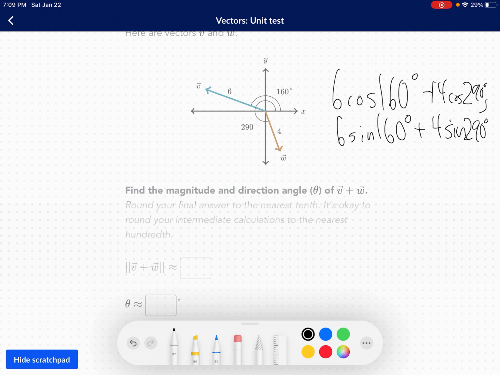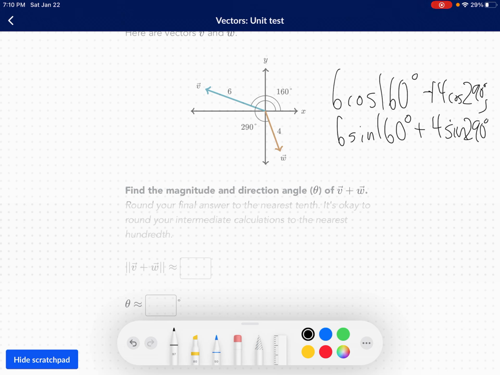So 6 cosine 160 plus 4 cosine 290, get approximately negative 4.27, and 6 sine 160 plus 4 sine 290, get approximately negative 1.7.